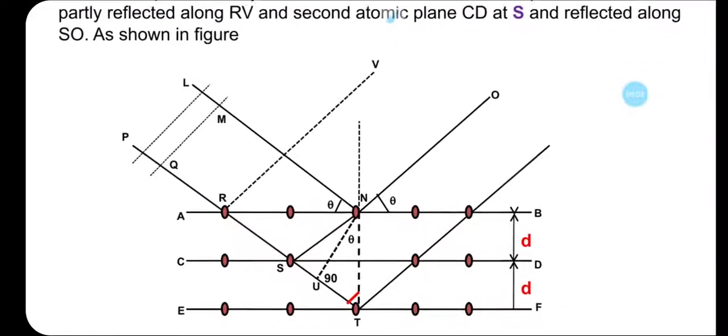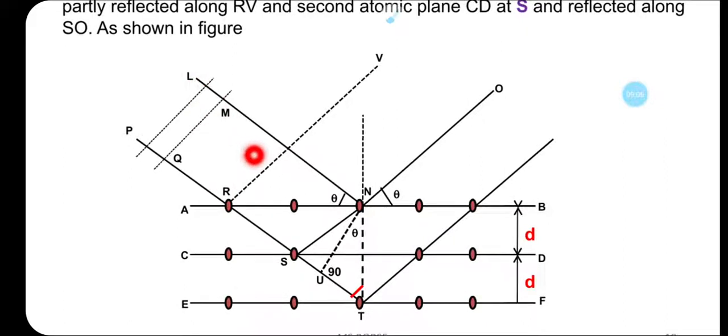If you consider these two beams, LMN and the second beam PQR, which strikes the second plane CD at point S, this much distance is more. That means this beam is again reflected up to the point D. As compared to the first beam, this much distance is more. The second beam travels the distance SN more than the first beam.